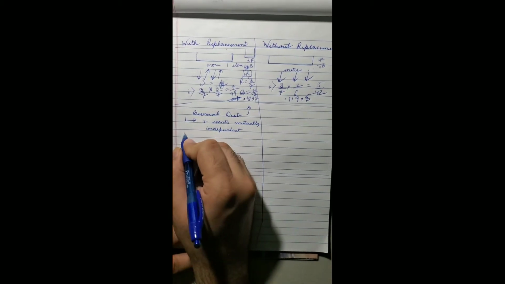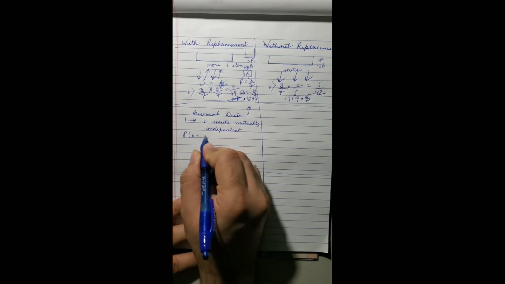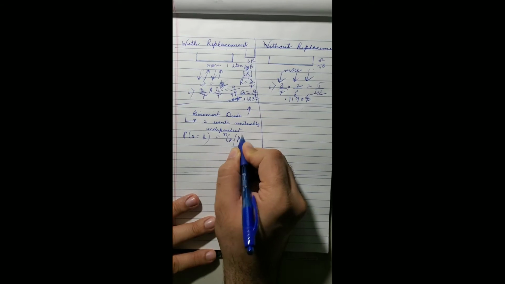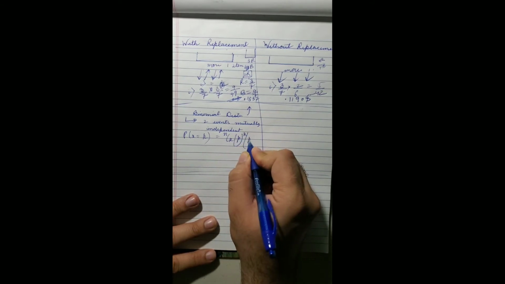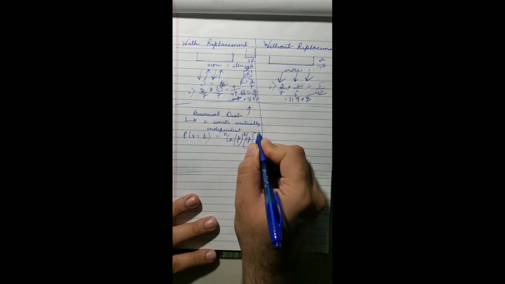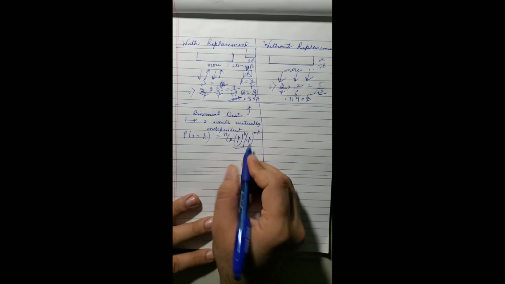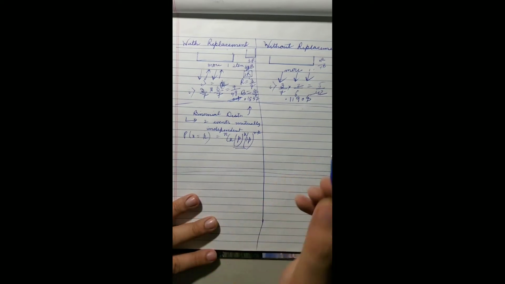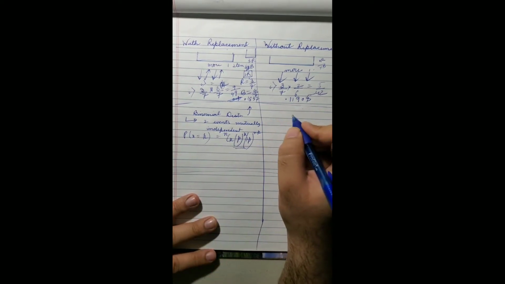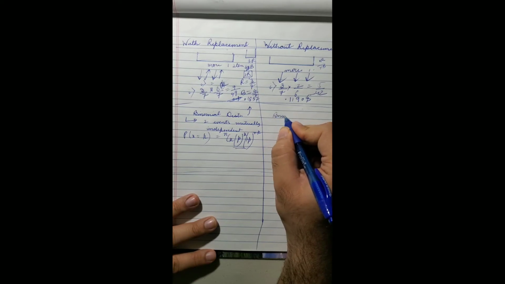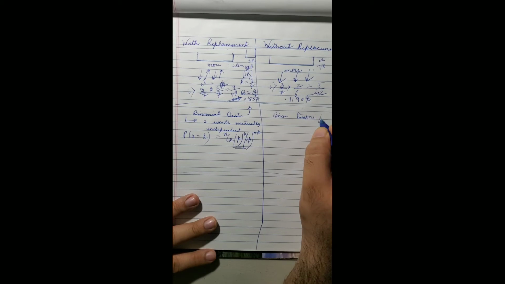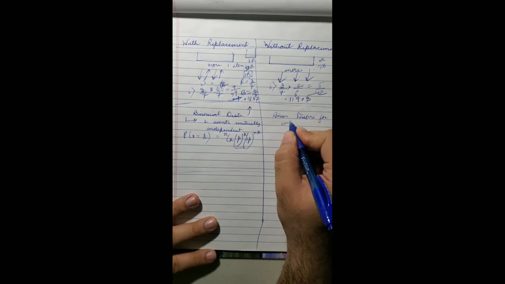Hence, whatever we calculate in binomial distribution, which is NCK, probability of happening and probability of not happening, is mutually exclusive events, mutually independent events. On the contrary, binomial distribution is not for without replacement.